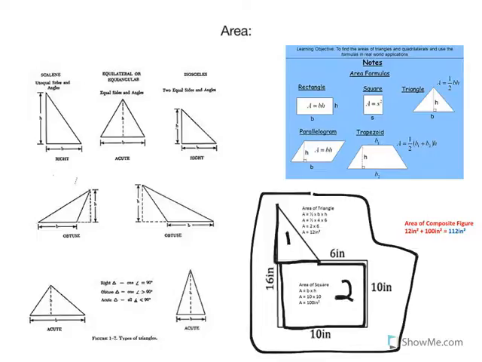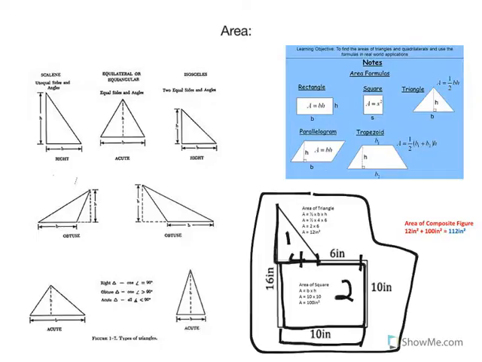Okay, now it's already shown here and it's worked out. So it shows you that the area of a triangle is 1/2 base times height, and it shows you the dimensions, which you'll have to find based on the figure. So you can see this length is 10 and this length is 6. So 6 plus 4 gets you 10.